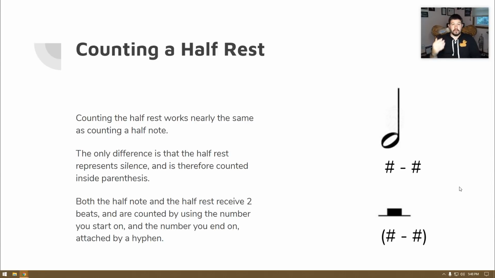Half notes and half rests are 1 longer sound or space of silence over the course of 2 beats. So that means that it does need to take up more space, not less space. So remember, those are variables as well. It means that they are not always going to show up on beat 1 or beat 2 or beat 3. They are going to have different numbers in place of those number signs, depending on where they are inside each measure.